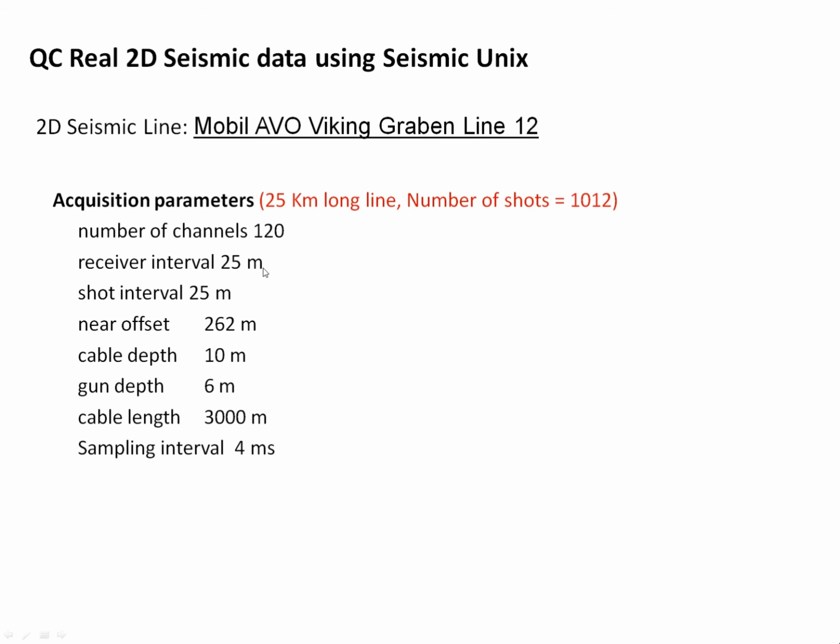The receiver interval is 25 meters, the shot interval is 25 meters, the nearest offset is 262 meters, the cable depth is 10 meters, the gun depth is 6 meters, the length of the streamer is 3 kilometers, and the sampling interval is 4 milliseconds. All these parameters are very useful when you perform actual seismic data processing. They are used for designing and defining different parameters in your data processing.